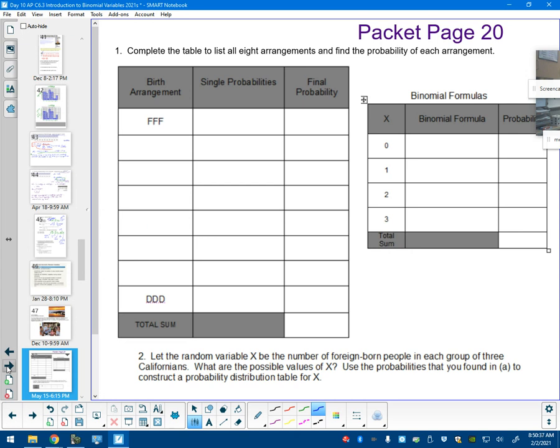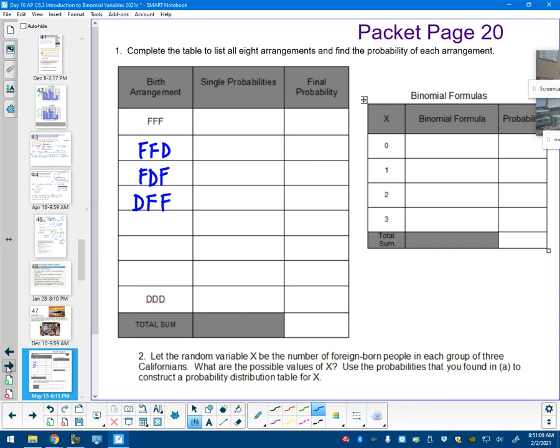We could have 3 foreigners, right? Or we could have foreign, foreign, domestic. That means they came from the United States. They were born in the United States. Or we could go into California and pick 3 random people and get somebody born outside of the country, probably in Mexico, would be my guess if you're in California. Foreign-born, domestic, foreign-born.